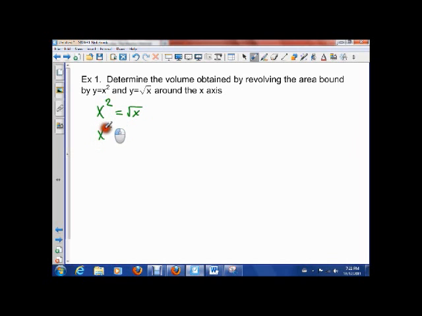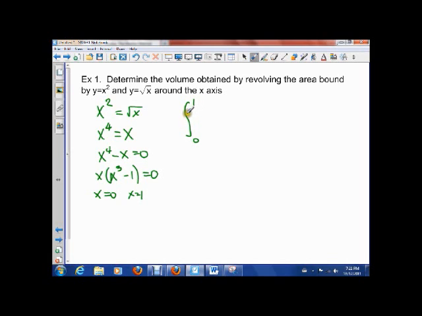So we get x to the fourth is equal to x. Then I move everything to one side, make it equal 0, factor, and we end up with x is 0 and x is 1. Right? So we know that we're dealing with an integral from 0 to 1.